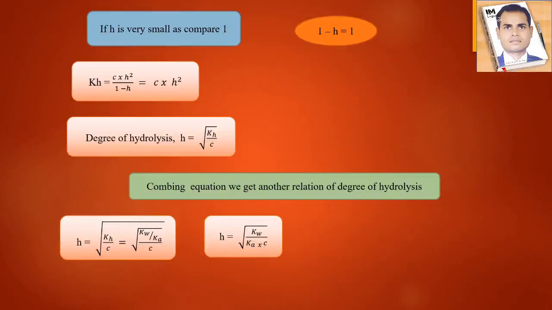The first equation is Kh equals Kw upon Ka, and the second is the one we have seen here, the square root of Kh divided by C. So you will write h equals the square root of Kh divided by C, which equals the square root of (Kw upon Ka) divided by C. So you will get h equals the square root of Kw divided by (Ka into C).